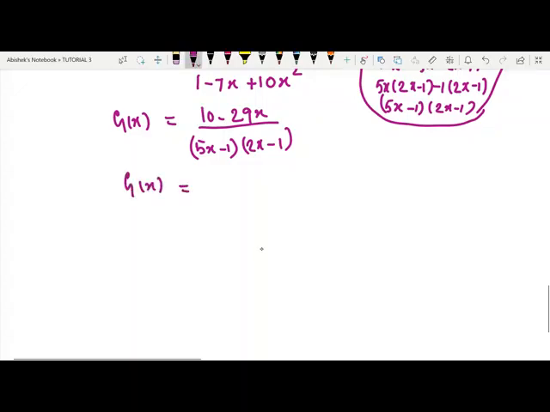Again we can write 10 minus 29x. For making the familiar series, we can write 1 minus 2x and 1 minus 5x.